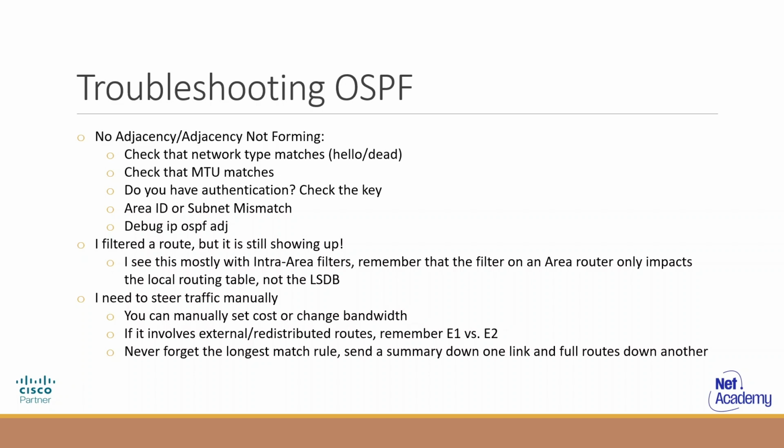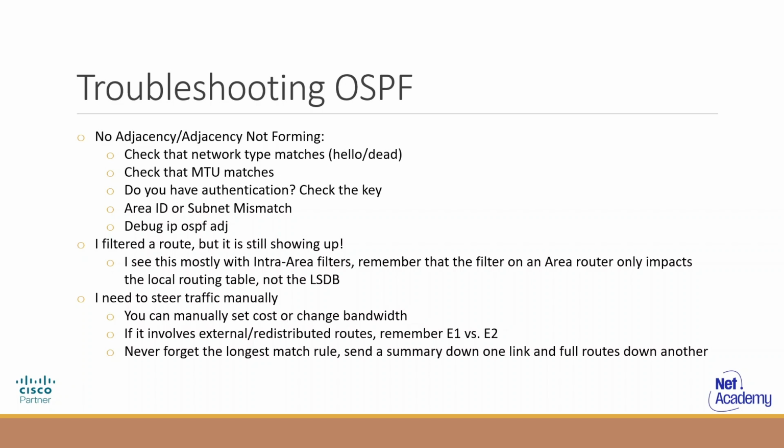The two methods I probably prefer, if they're available to me, and sometimes they're not, is if it is dealing with external routes, I prefer to use the E1 versus E2 method that we talked about earlier, right? I will always prefer an E1 over an E2. So I like that method more.